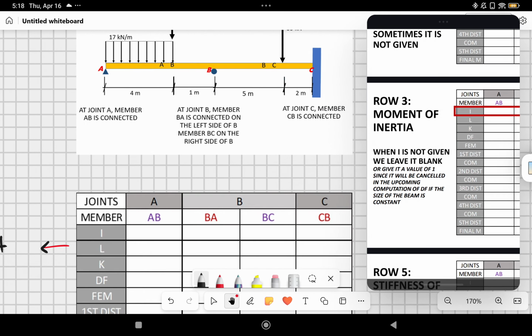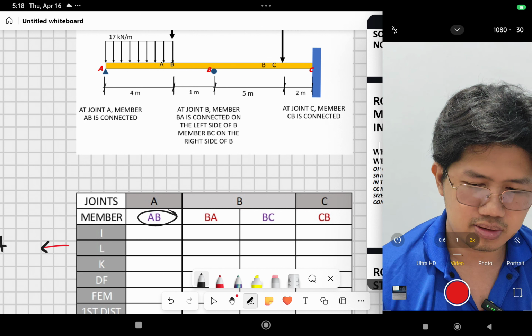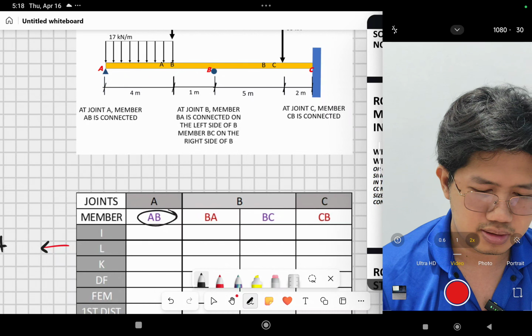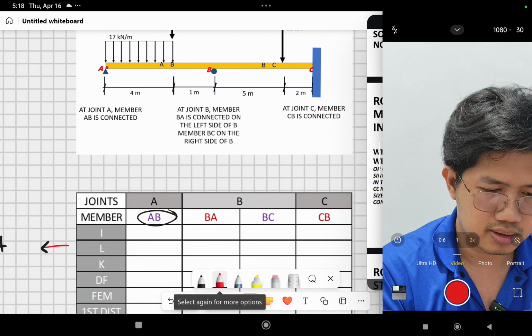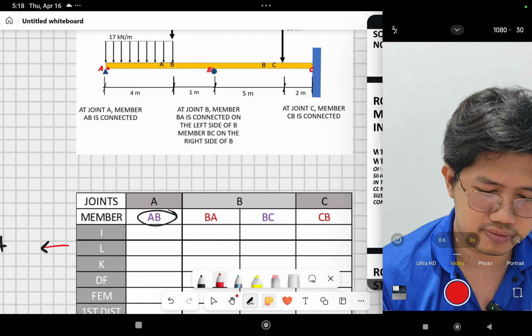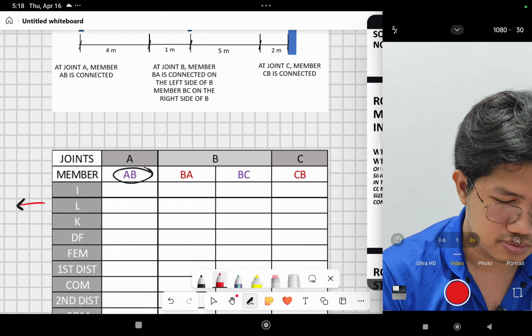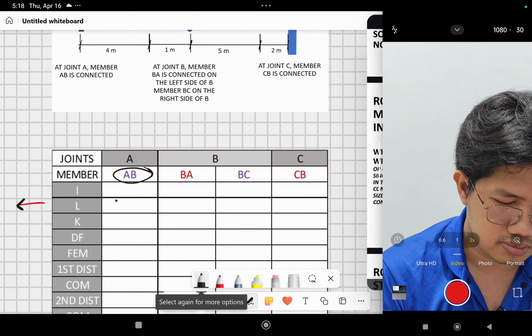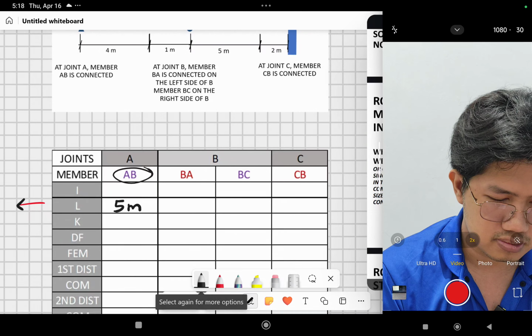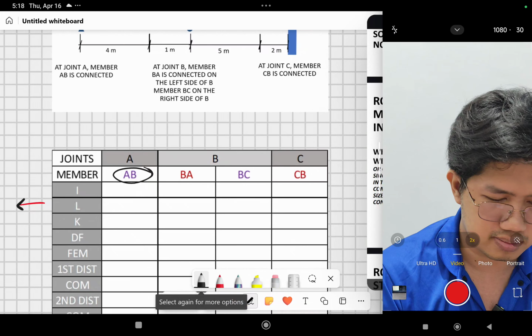So we just look up what is the length of each member. So for member AB, its length is from A to B, that is 5 meters. So we give a value of 5 meters. Or just 5 so it looks cleaner.